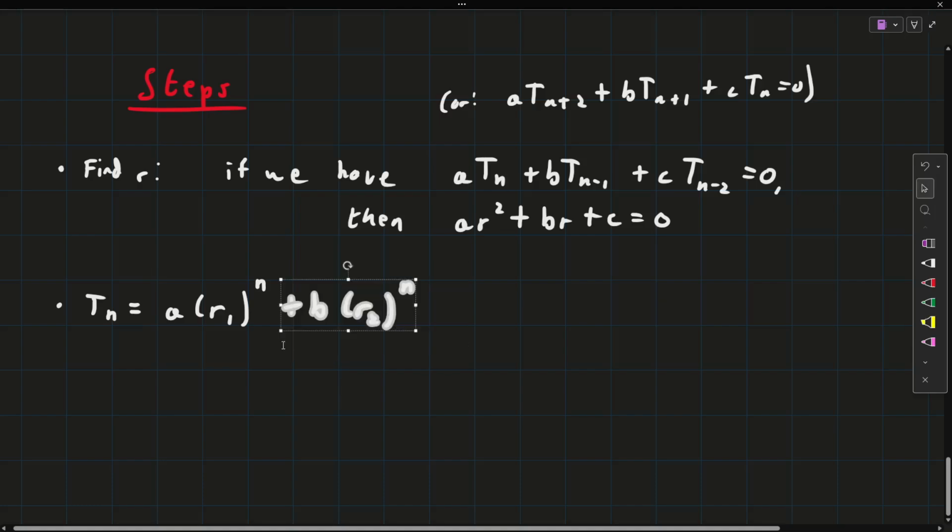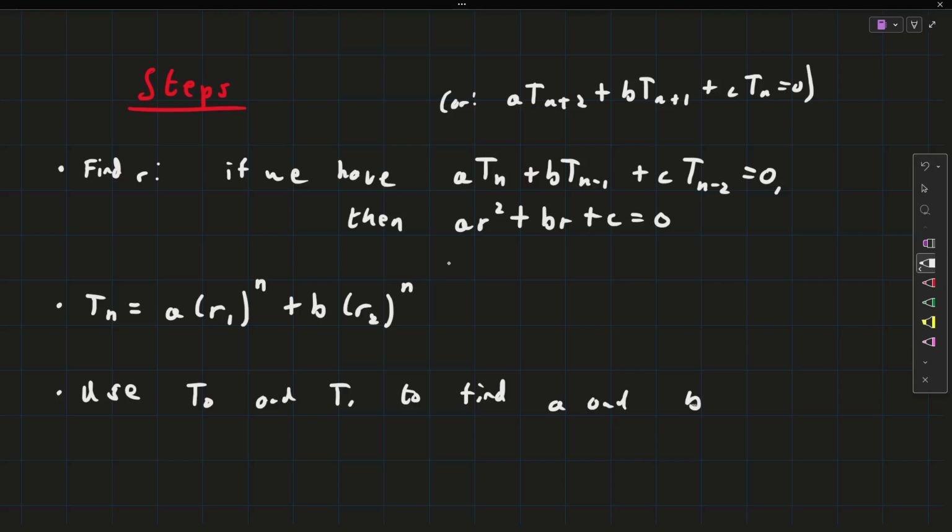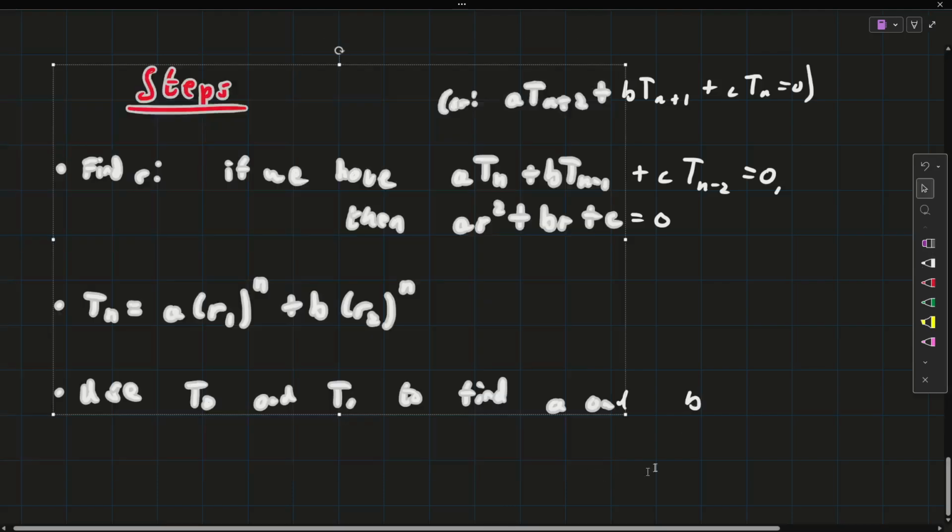If we only had the a, we run into the issue that we ran into earlier, because we only had 1 variable to use 2 conditions with. And then the final thing we have to do is figure out what a and b are. We basically use t0 and t1 to find a and b with simultaneous equations. And then we've got our solution.